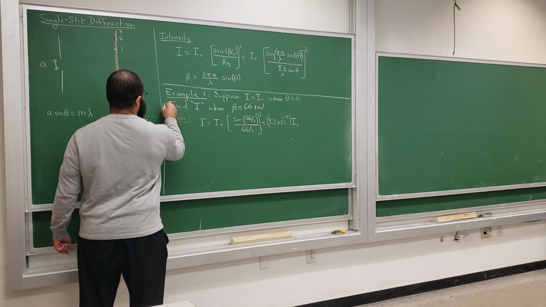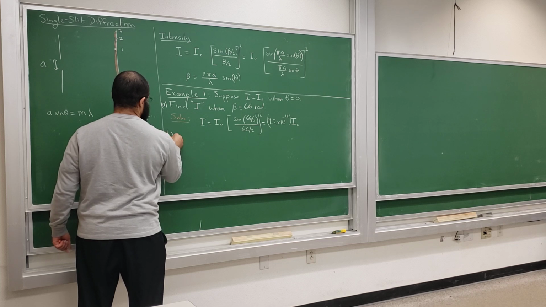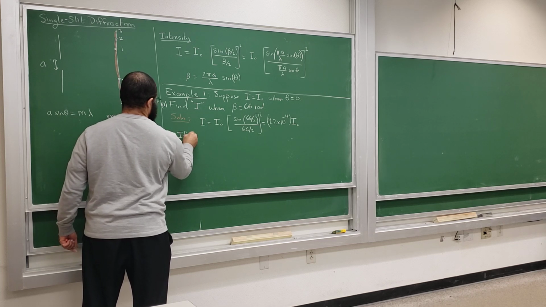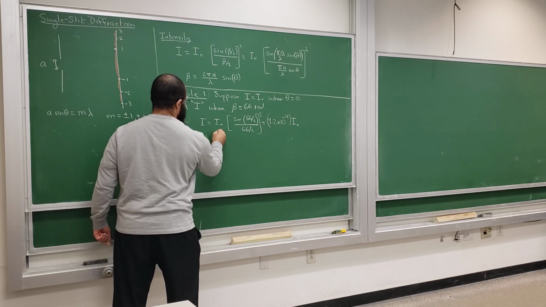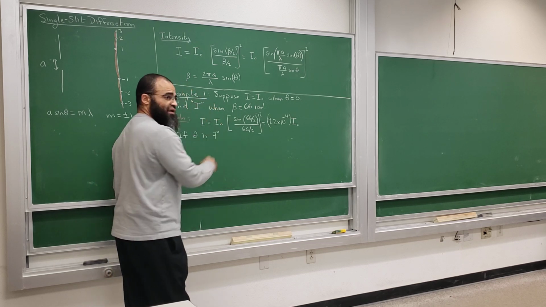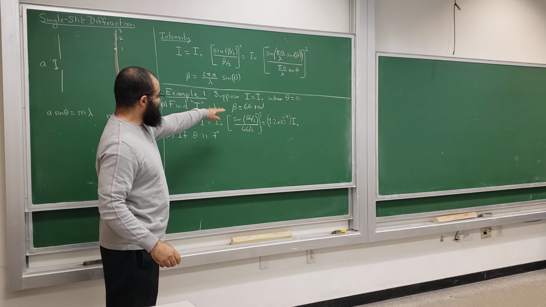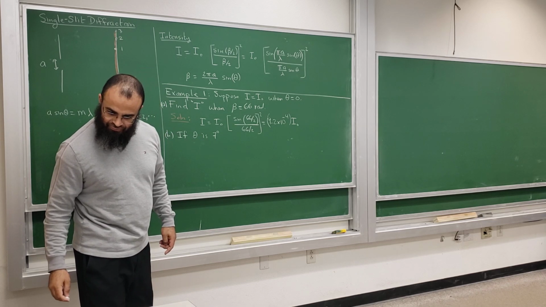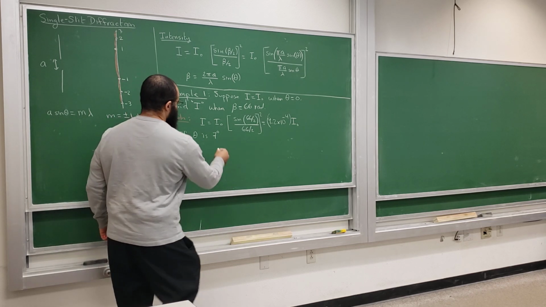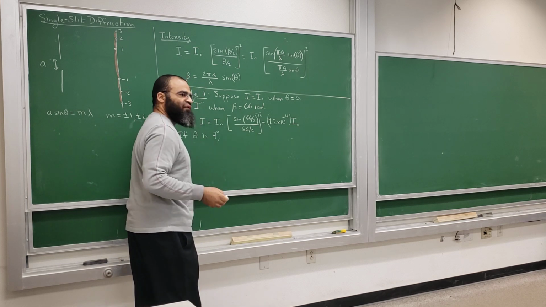So let's make this part A, part B. If theta is 7 degrees at this point, if at this point when beta is 66, theta is actually 7 degrees.